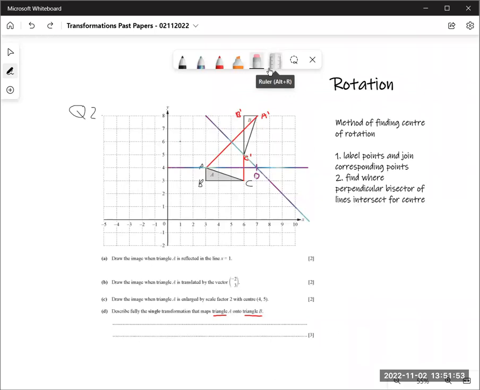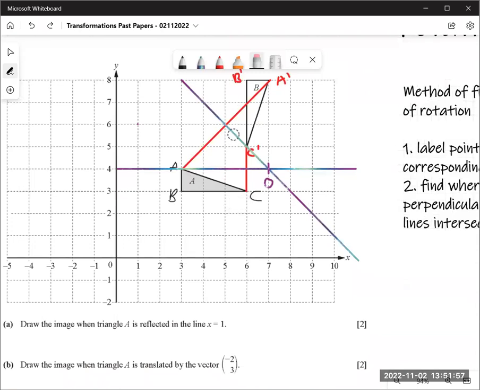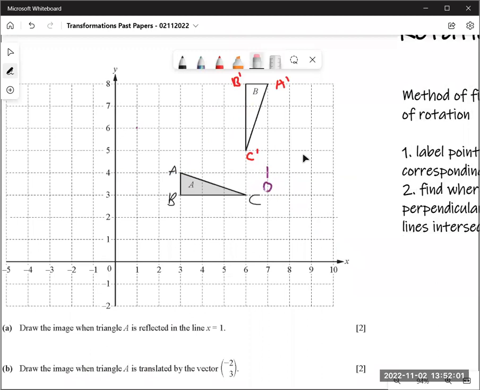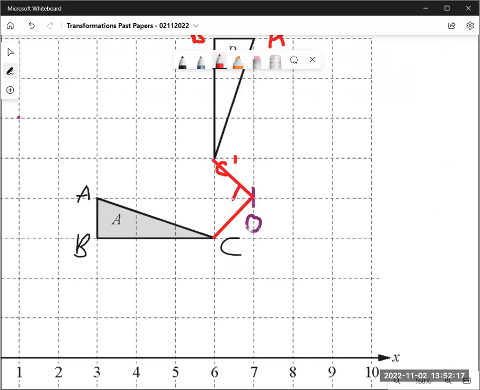That's 90 degrees. Well, you can see it, but there's another way of doing it. Because we only have 90, 180, 360, and 270, you can have 30 degrees as well, sometimes. Okay, how do we do this? Join any corresponding points to the center, measure the angle between them. That's 90 degrees, easy.